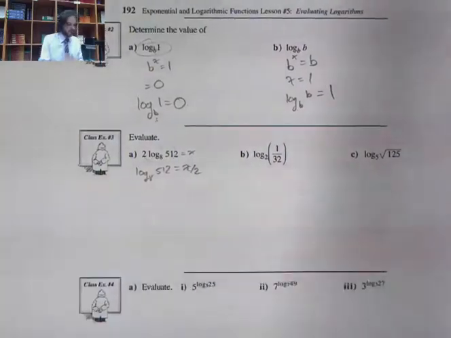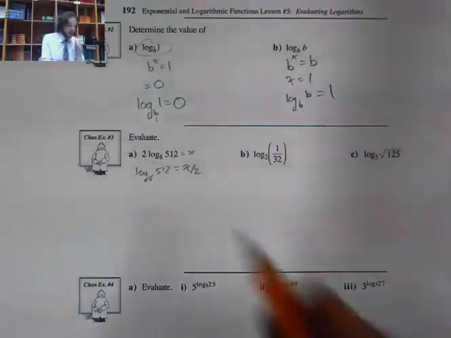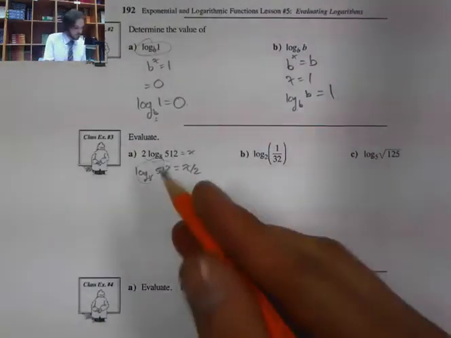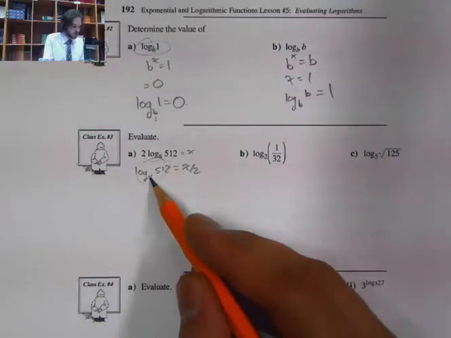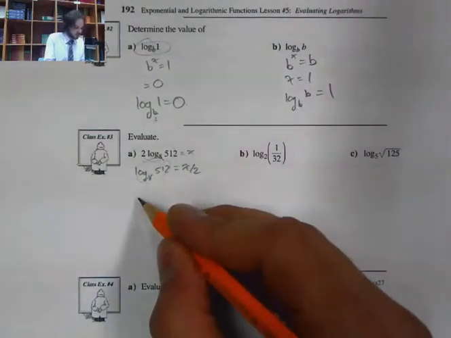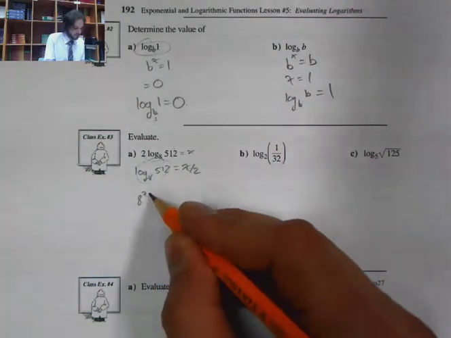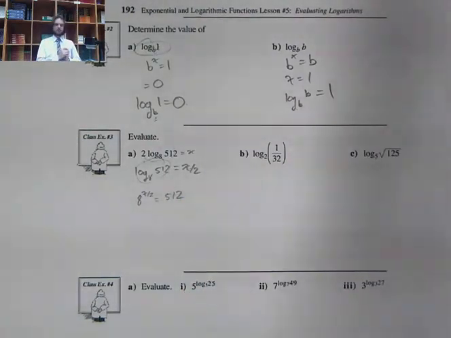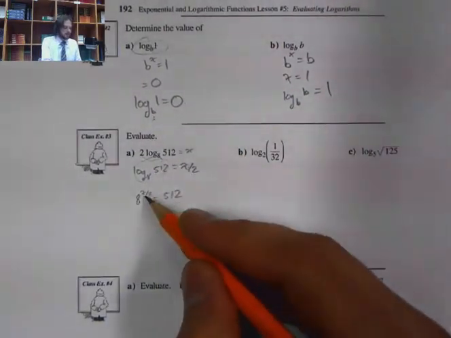I'm going to divide that by 2. Okay, so now I have my log by itself. It's easier. Okay, now we have to put it into terms of exponents. All right, so we're going to go 8 to the x over 2 is equal to 512.